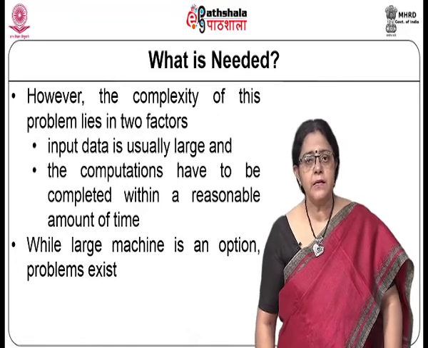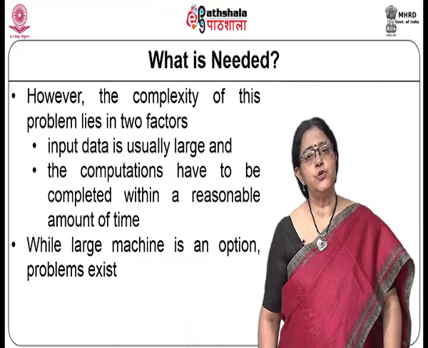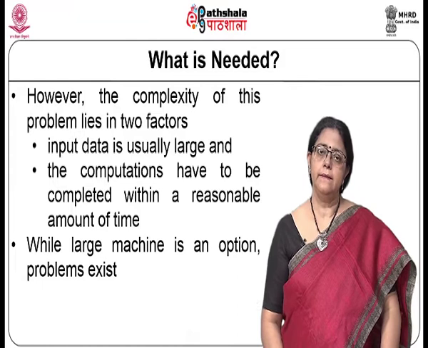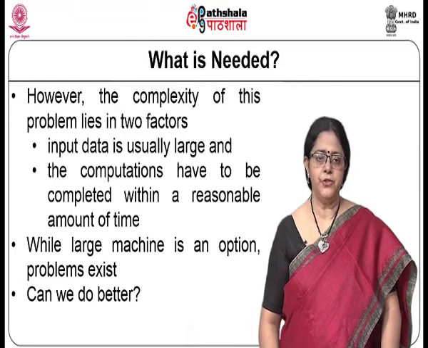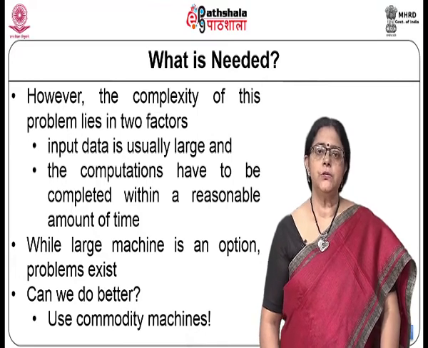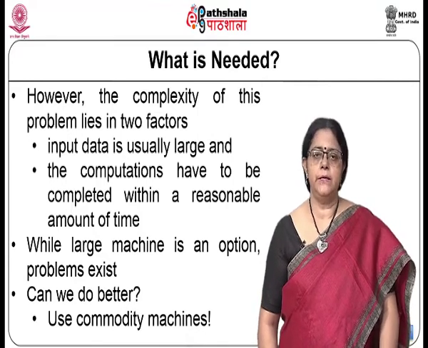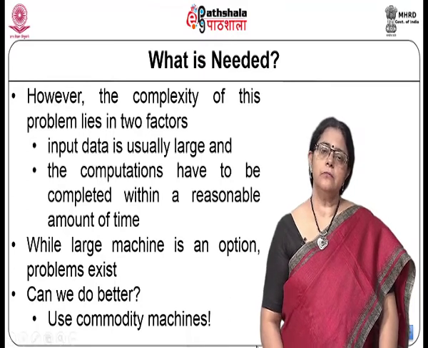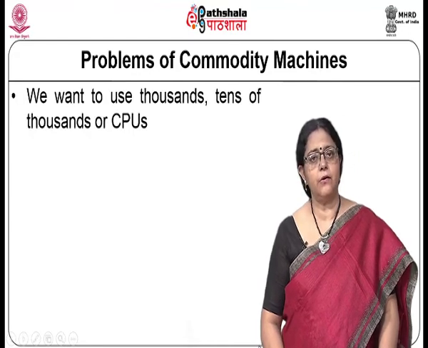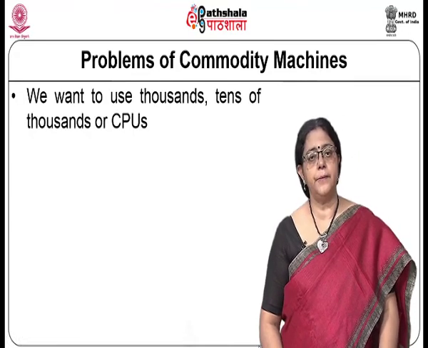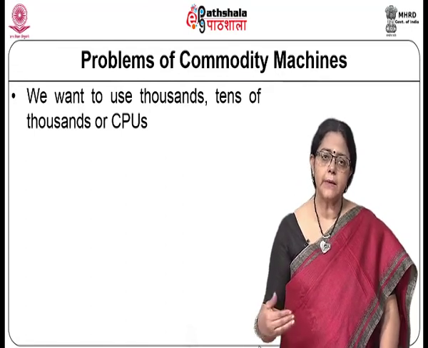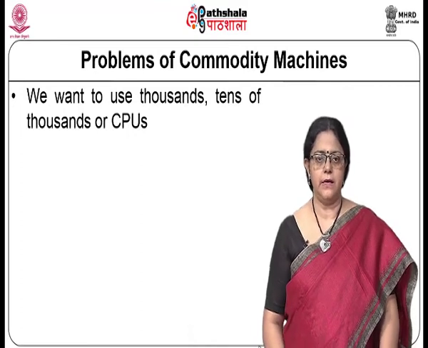So, if large machines are expensive and their superpower in terms of complex calculations is not required, then what is our option? Can we think of a better solution? The solution is to use commodity computers. Commodity computers are the general workstations that we see everywhere. They are not very expensive and they are easily available and procurable if the need is there.